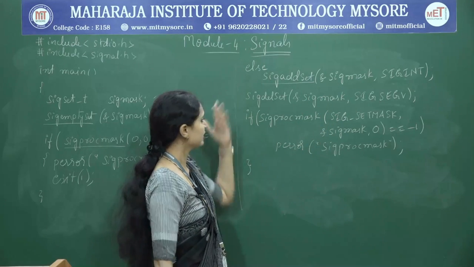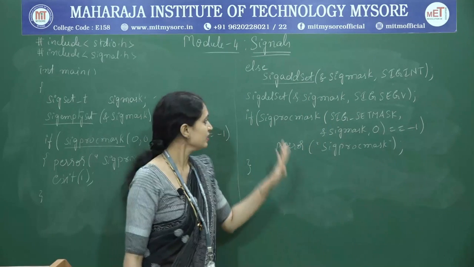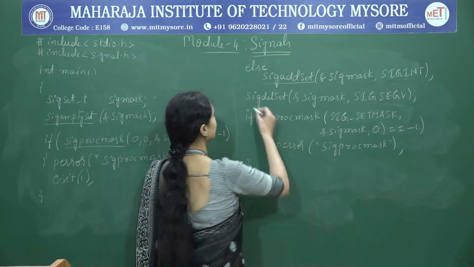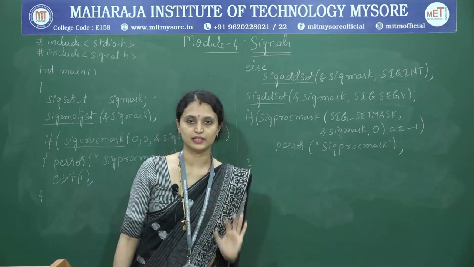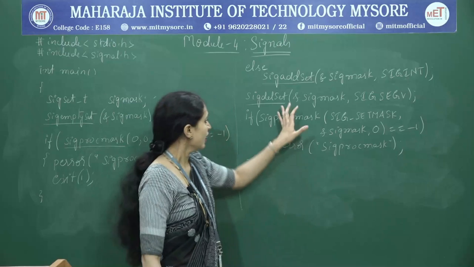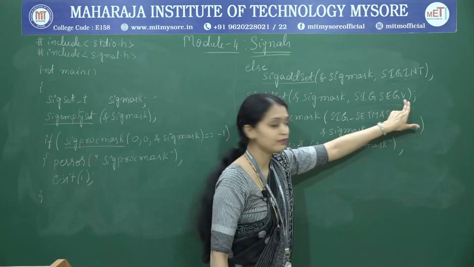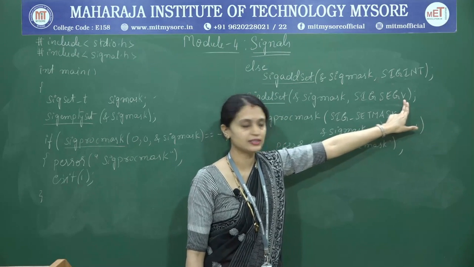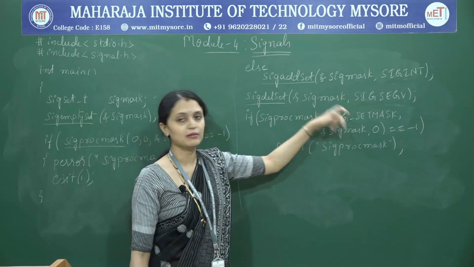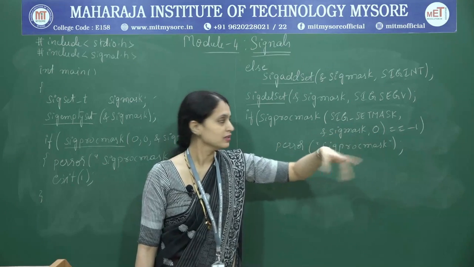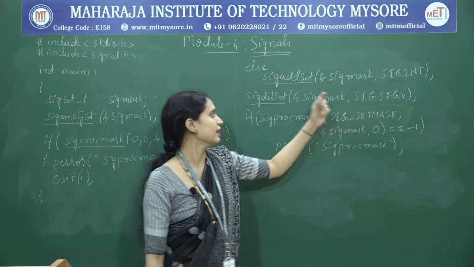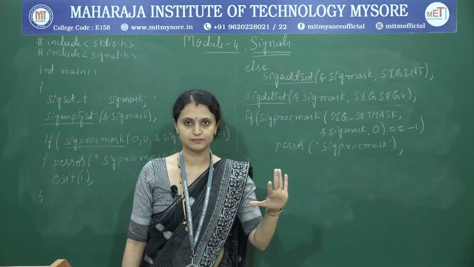Okay, so the first portion is done. Next I am again invoking the sigdelset. Here I am deleting the signal SIGSEGV, that means the segmentation fault signal, from the signal mask. That means I am clearing the segmentation fault signal from the signal mask.